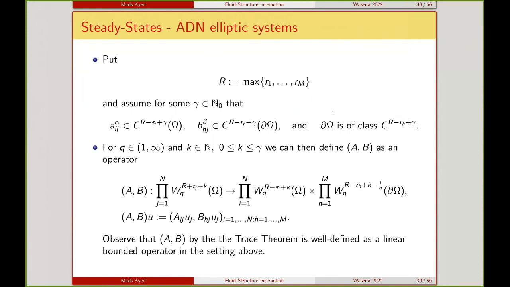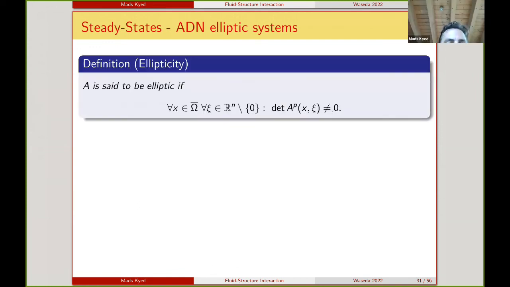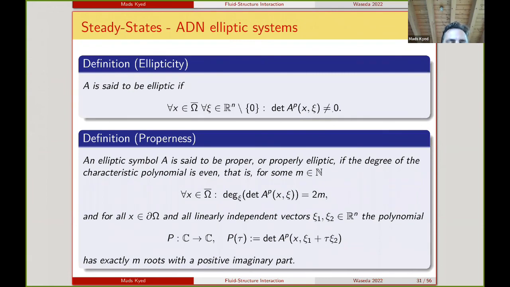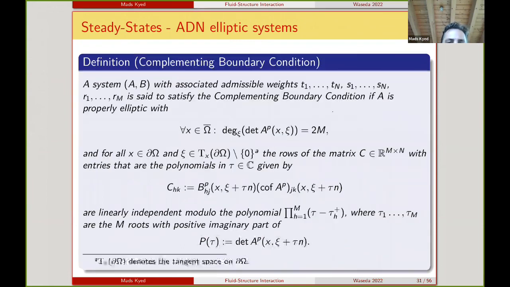Anyway, in this book, better I don't mention the name, he shows that the Stokes system is elliptic in the sense of Agmon-Douglis-Nirenberg. So he verifies this complementing condition directly, looking at these polynomials.